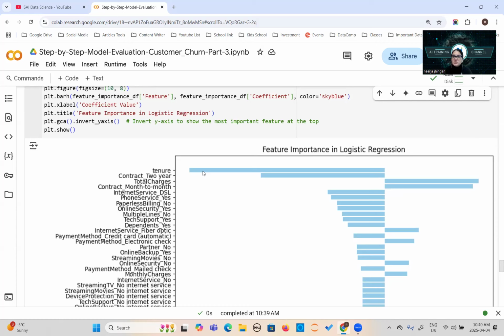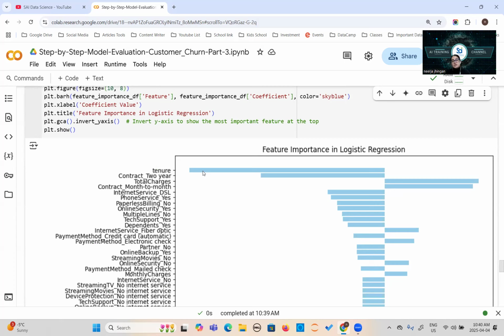Because he's not going to stay. Maybe he is looking for different options, and he's just checking what benefits your bank is going to give. So that's why this is negatively correlated with your prediction.